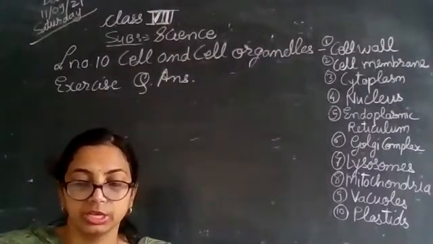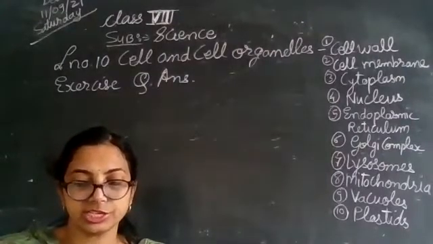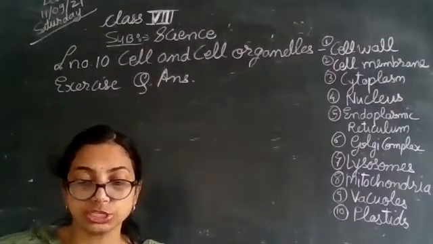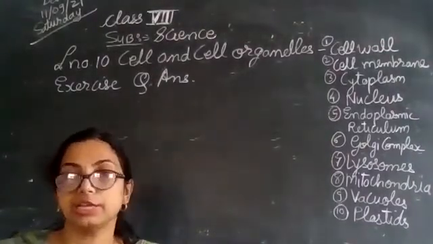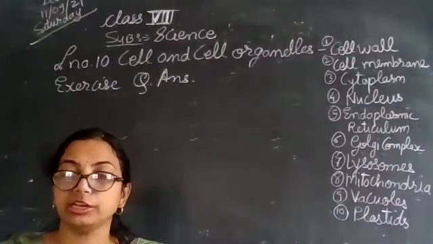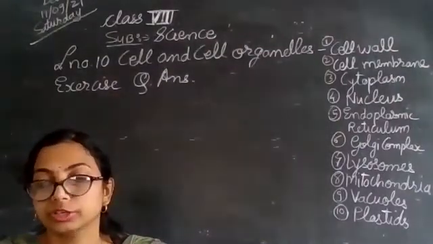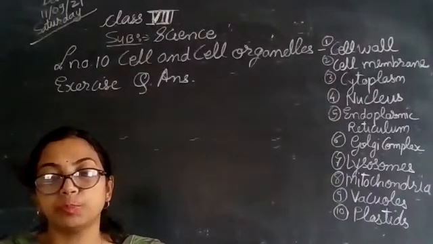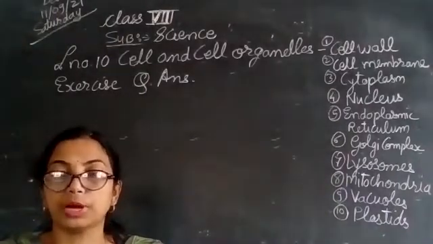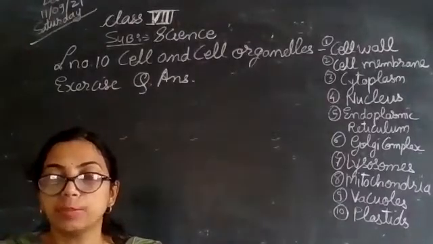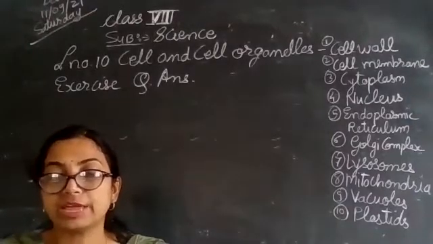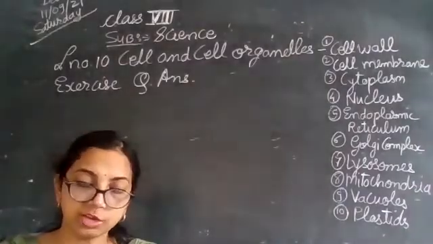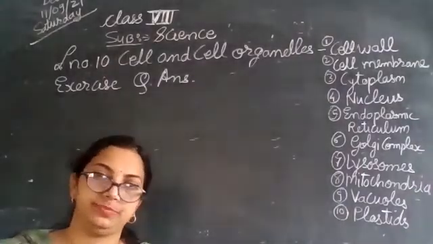Then next is, plants lack anthocyanin. Anthocyanin is a pigment that gives blue or purple color to the plant body. If it is not present, the plant body will be colorless.